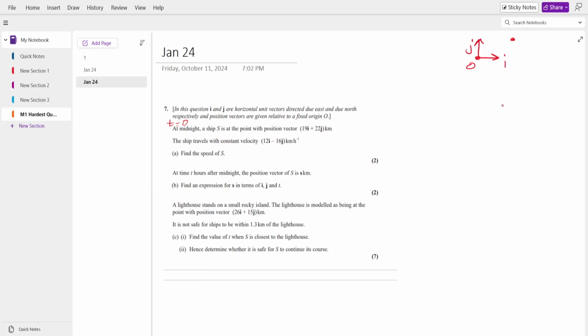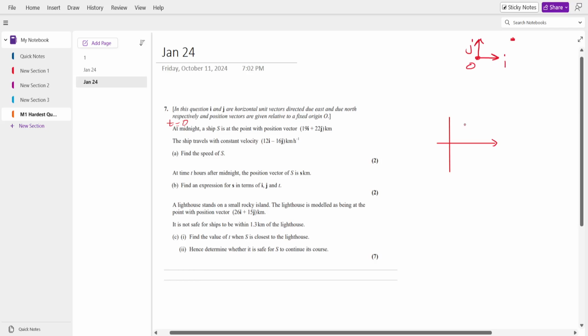And the ship is at a position vector of, if we draw this, 19i and 22j. Say this is 19, this is i, this is j, and let's say this is 22. So S is here, and this is the position vector from O to S.